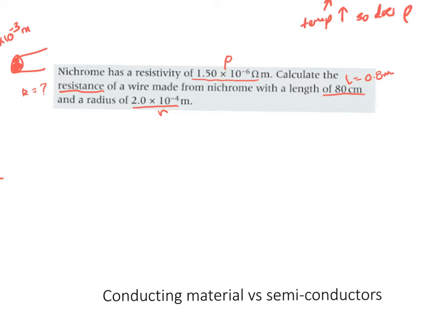I will rearrange for R to be the subject because that's what I need to calculate. So I'll multiply both sides by L and divide both sides by A. Just simply place the numbers in once again, times 0.8 divided by pi r squared, which is times 10 to the minus 4 squared. Just put that in the calculator and you get the answer.